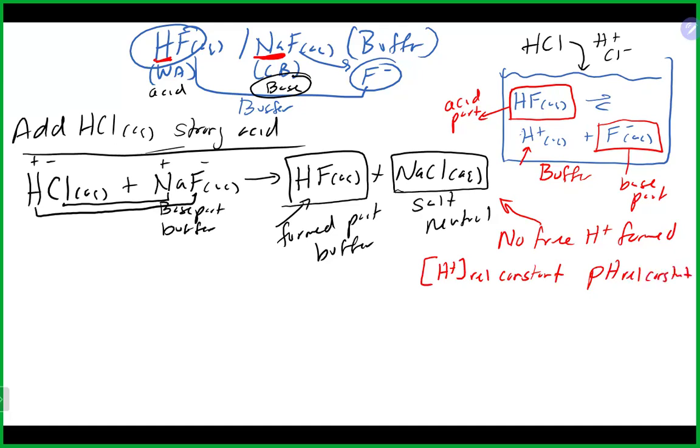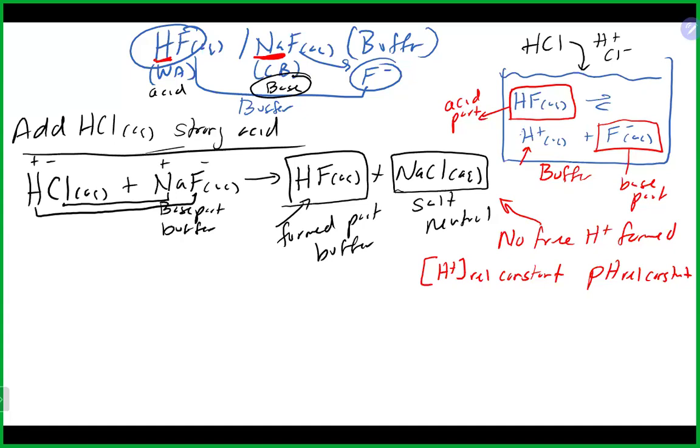And what I mean by relatively constant is if you were following this with a pH meter, you would see the pH change. It would go down just a little bit, but it would not have a giant drop in pH like we would see in water. That's because we're not making a lot of free H plus.